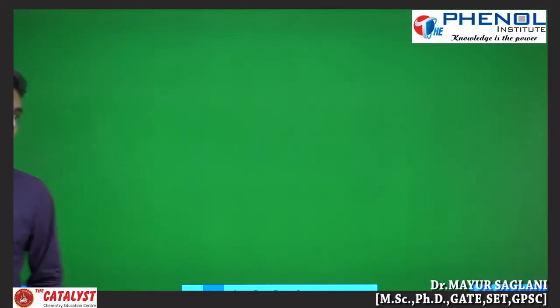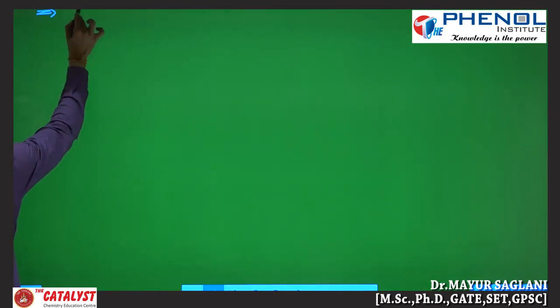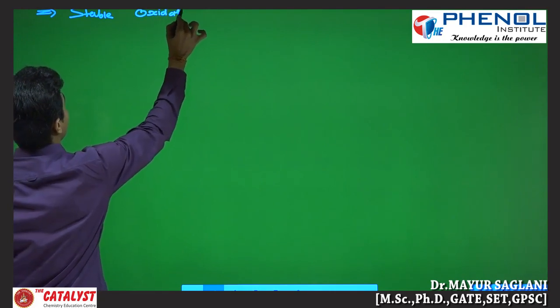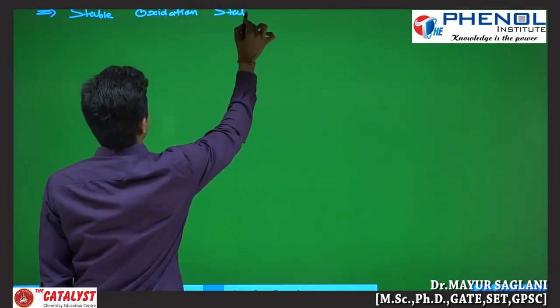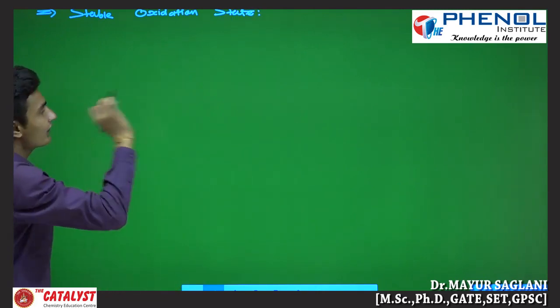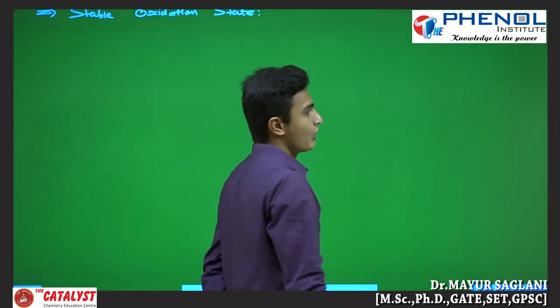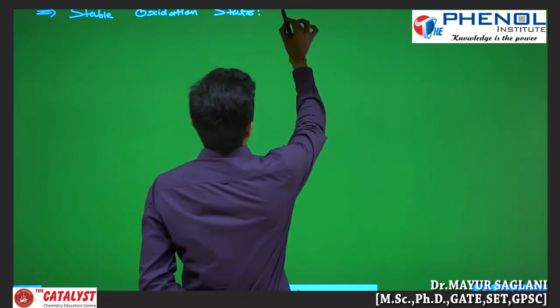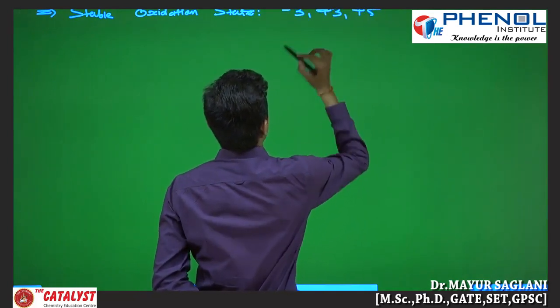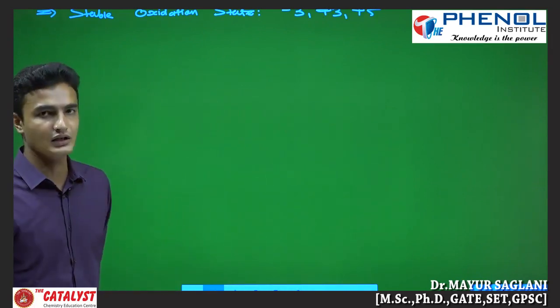Next we will see stable oxidation states. Okay, now if you see the stable oxidation states, here nitrogen will show all oxidation states between -3 to +5, but for the other elements, if you want to write, then -3, +3 and +5 are the highest stable oxidation states of the 15th group elements.